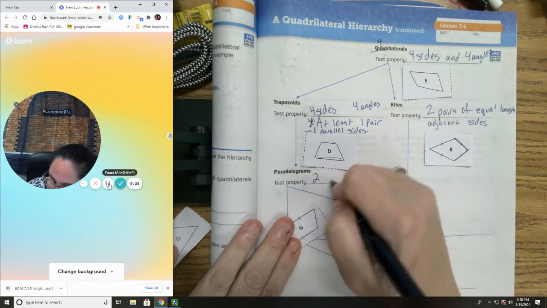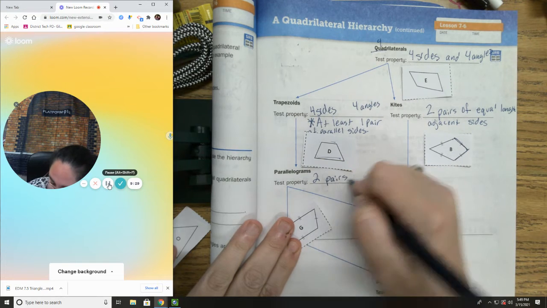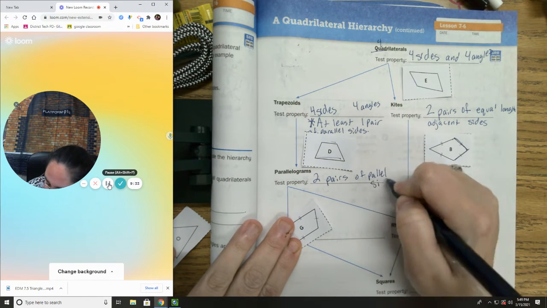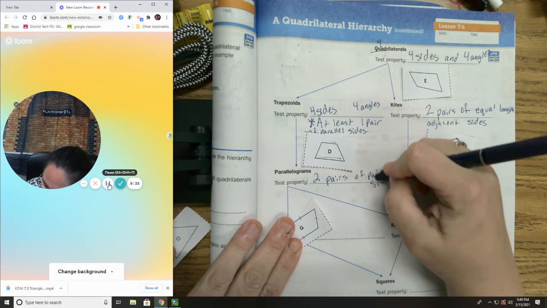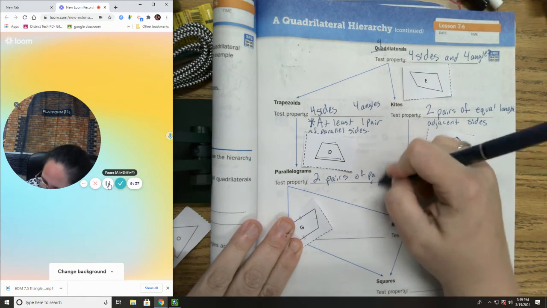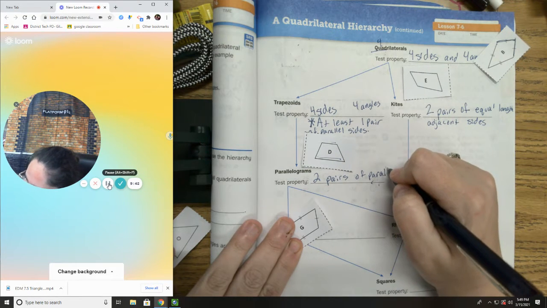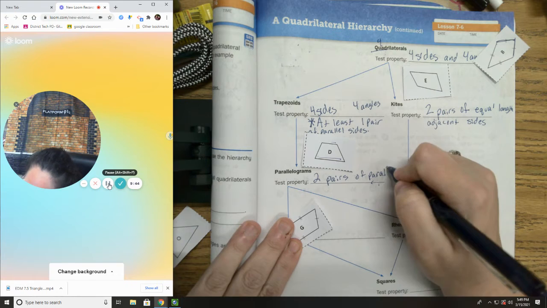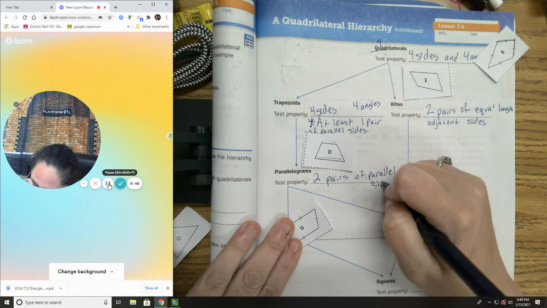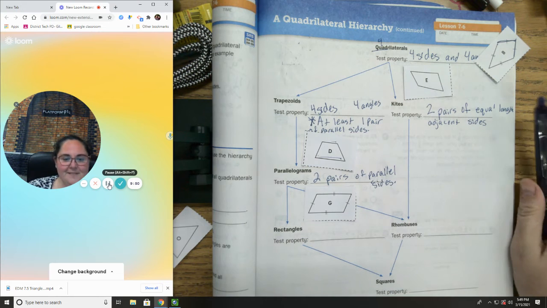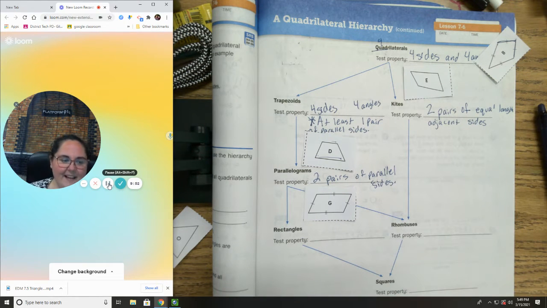So 2 pairs of parallel sides. Oops, might help if I spell parallel right. It's not the easiest word to spell. P-A-R-A-L-L-E-L, sides. Absolutely. All right, 2 pairs of parallel sides.